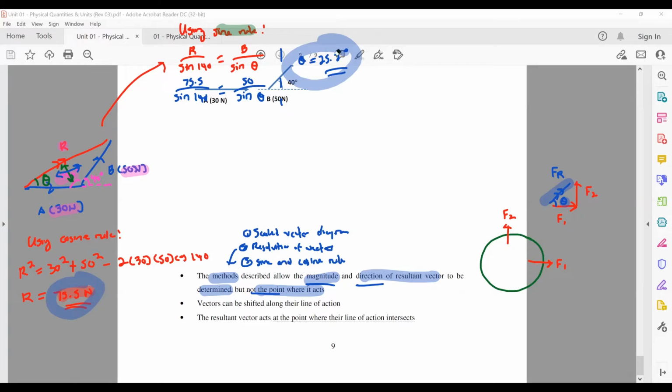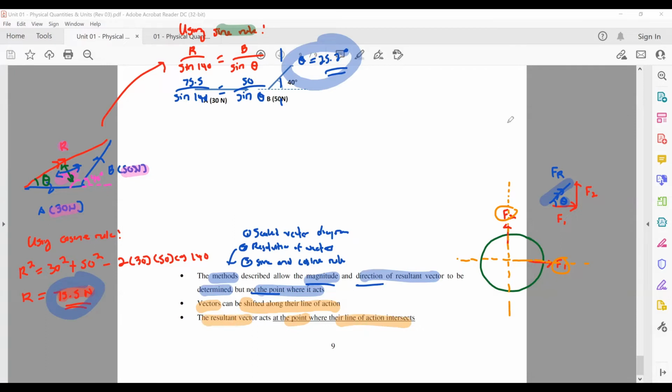Now, to find the point where it acts, you need to understand that vectors can be shifted along their line of action. The line of action of these two vectors is this line here, this dotted line, and this is what we mean by the line of action. The point where the lines of action intersect is the point where the resultant vector will act.